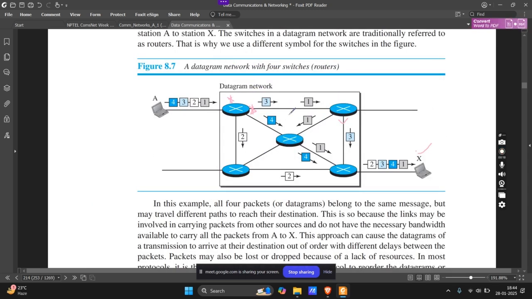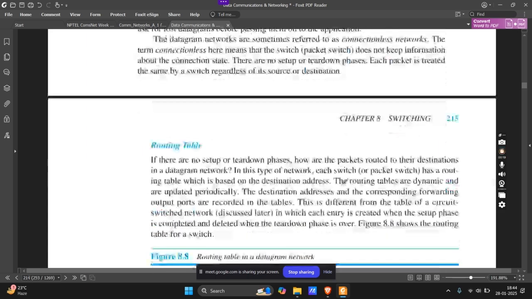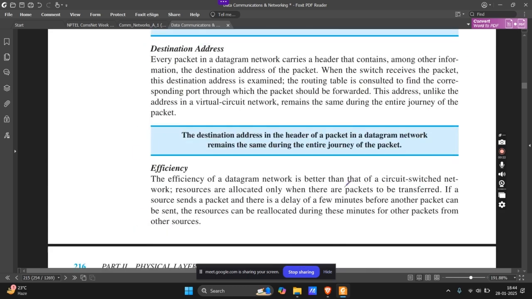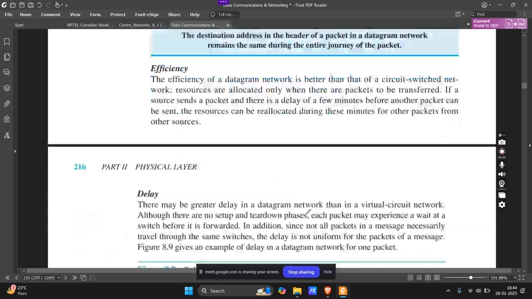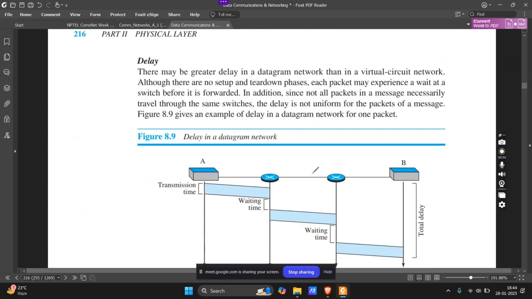So this is a datagram network with 4 switches, and it is very efficient because whoever has to send a packet can send a packet. They do not have to wait for any kind of reservation. So where will the delay come from? The delay will come from queuing.